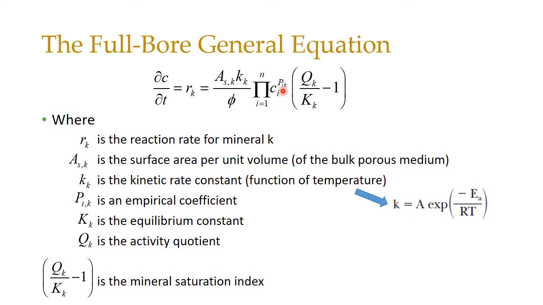You certainly could have individual constituents that appear in your stoichiometric equation. You could have these in here, and P sub ik could be that stoichiometric coefficient from that reaction. But this term can also be used where you just have empirical evidence that some other constituent affects the reaction rate. There's some reactions for which having sulfide around, even though sulfide isn't mentioned at all in the stoichiometric equation, somehow it affects the rate coefficient.